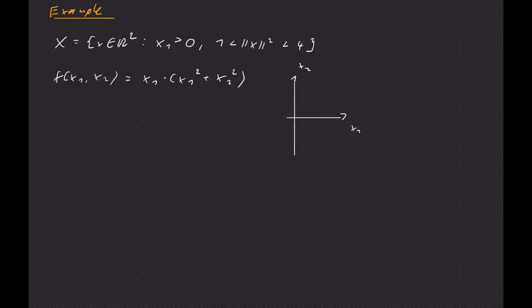That means we have a region that is restricted to the right side of the coordinate system, and that is basically a circle with an inner radius of 1 and an outer radius of 2. So it's not quite a circle, it's a disk, just the outer part of a circle. So the radius is larger than 1 and smaller than 2.